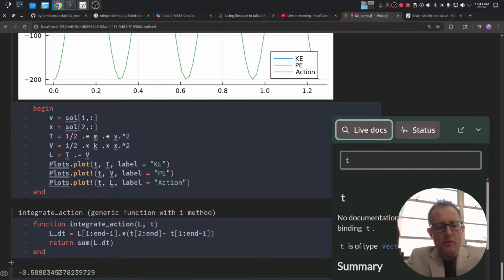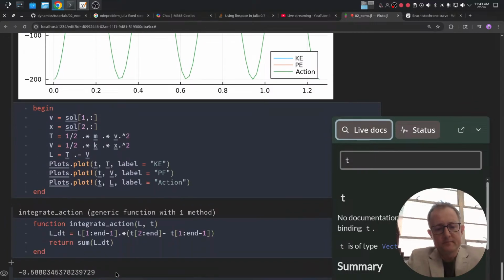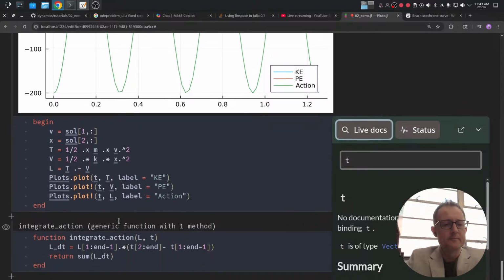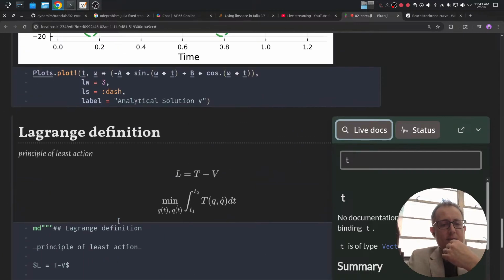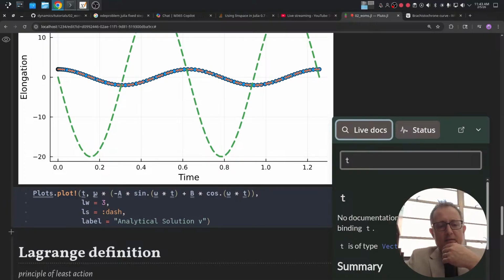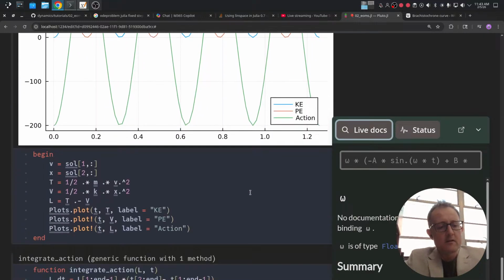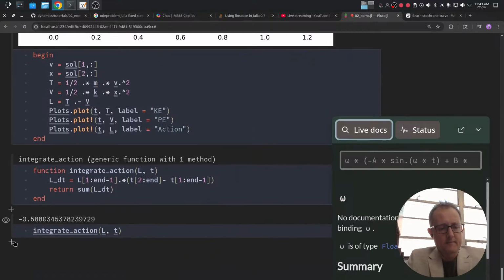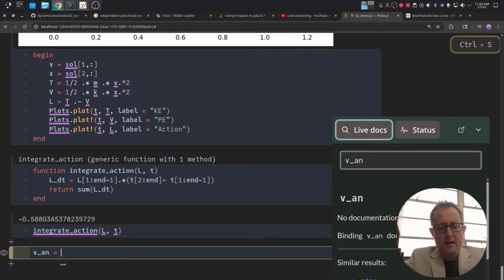So I get a total of negative 0.6. And it's kind of like, okay, well, so what? Well, let's try it out with the actual analytical functions that we have. So we have velocity is this one. The analytical is that.